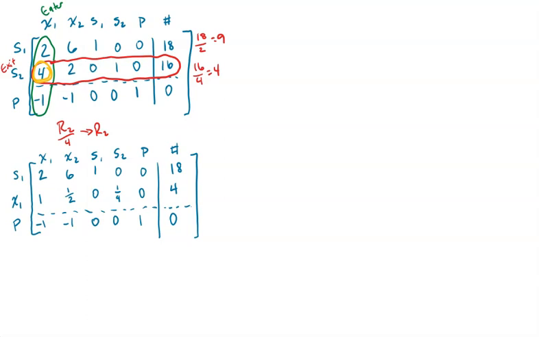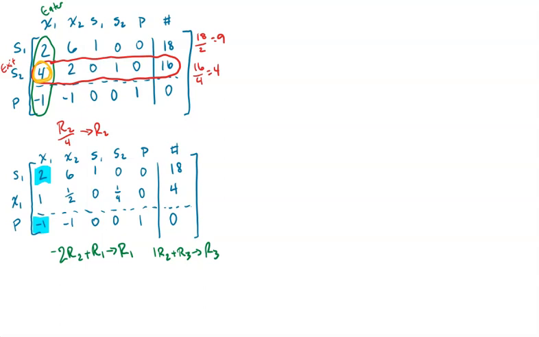All right, next step. So for the next step, we need to get zeros above and below our pivot. So this part we've done before. It would be -2 times row 2 plus row 1 replaces row 1, as well as +1 times row 2 plus row 3 will replace row 3.